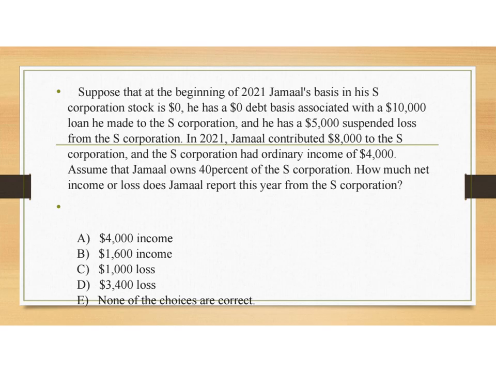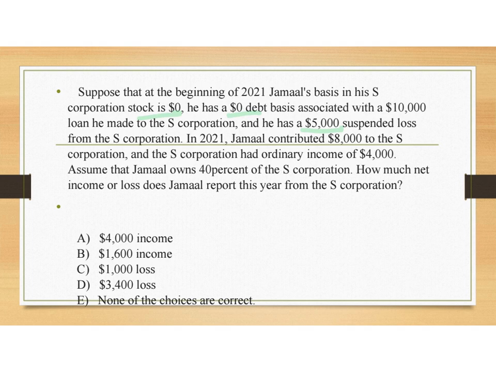All right, so now we're back to Jamal. So let's see what Jamal's got going on now. So now we've got a stock basis of 0. He also has a 0 debt basis, okay? And he has a $5,000 suspended loss, okay?